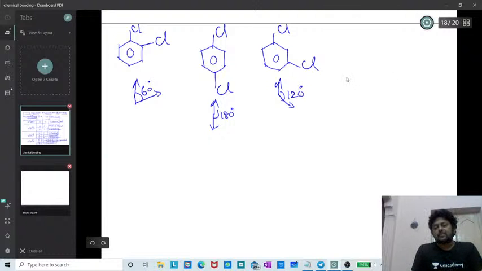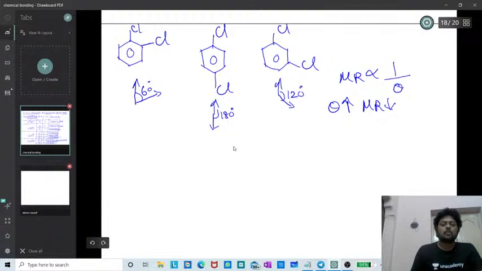We already said that nu-r is inversely proportional to theta. If theta increases, nu-r decreases. Where is theta more? Here. At 180 degrees, both vectors are equal and opposite and cancel, so nu-r is equal to 0.